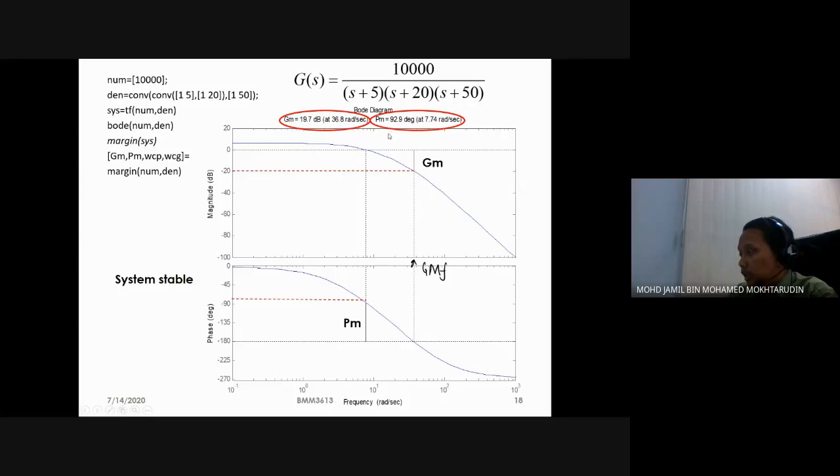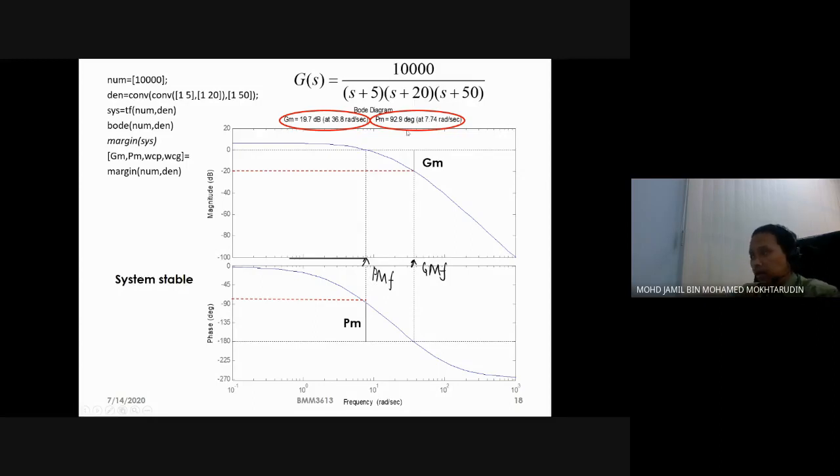And then the next one is phase margin. For phase margin, first you need to look at the phase margin frequency. The phase margin frequency is this point, the frequency at 0 decibel. And then the phase margin is the difference between the phase at the phase margin frequency and negative 180 degrees.